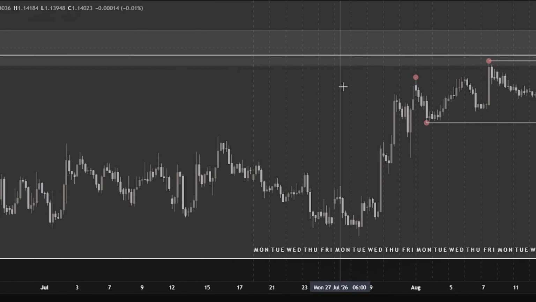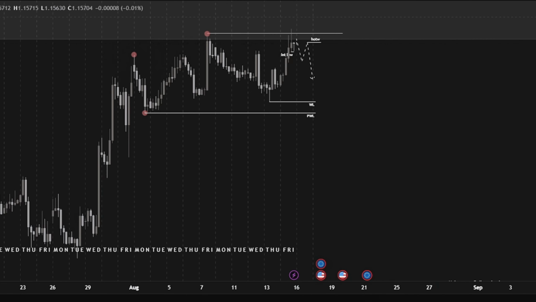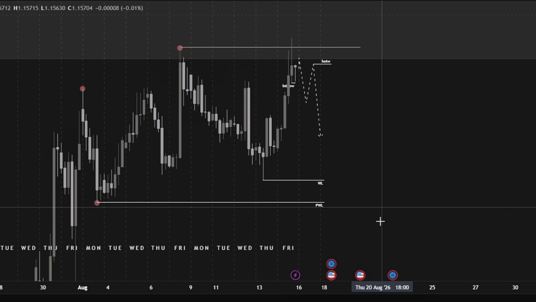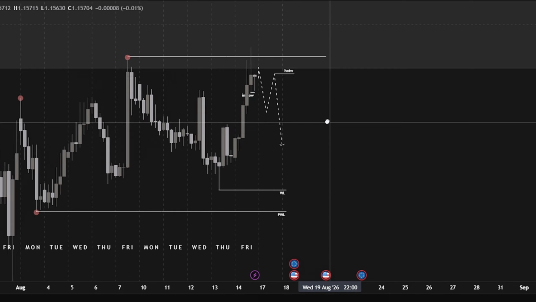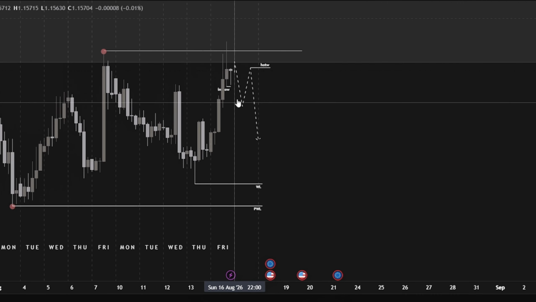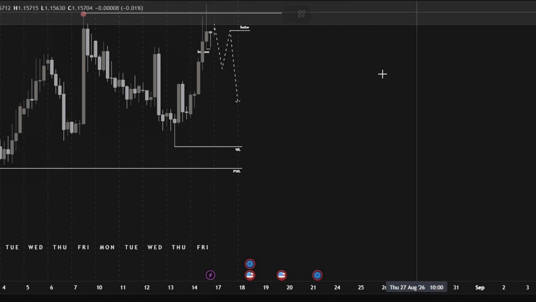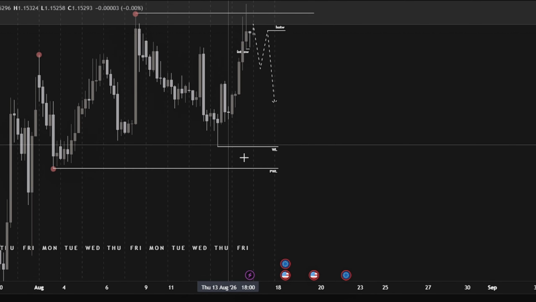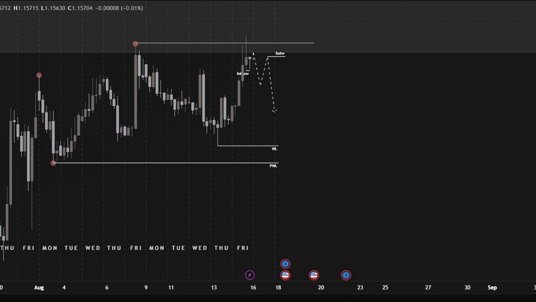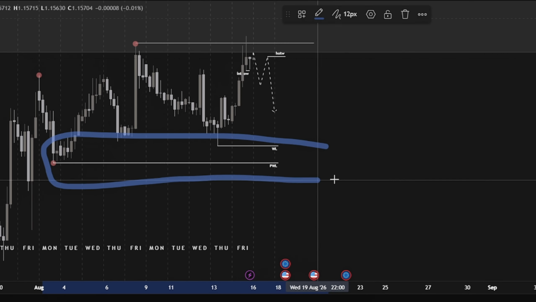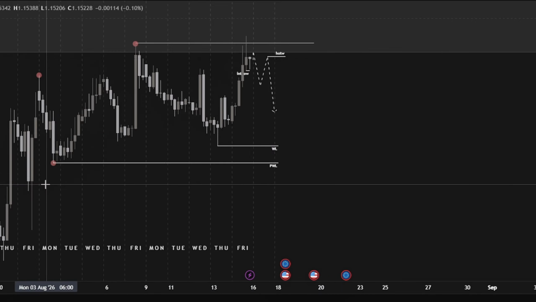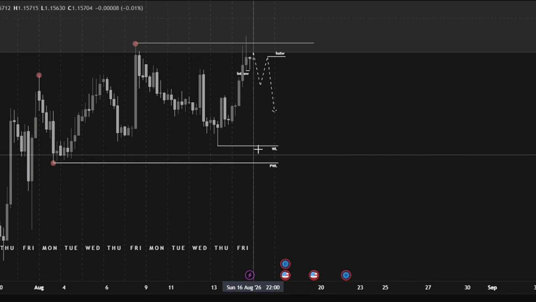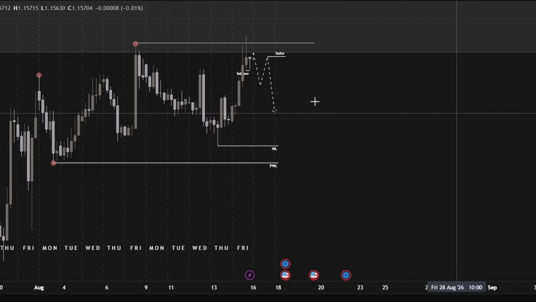If I was to go down to a lower time frame, let's have a look. So the liquidity that we have to target is obviously the weekly low from last week, and then we have the previous weekly low as well. These are both intact, but again, we need to remember that this is weak liquidity, so this is where price would want to take out.